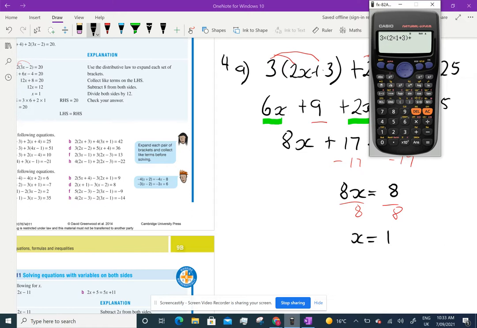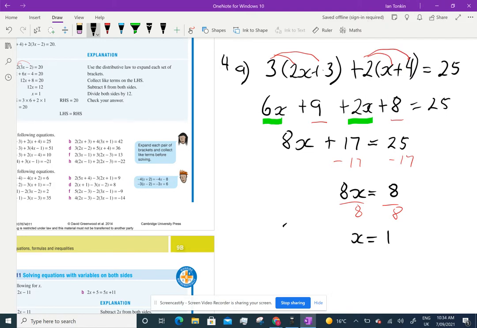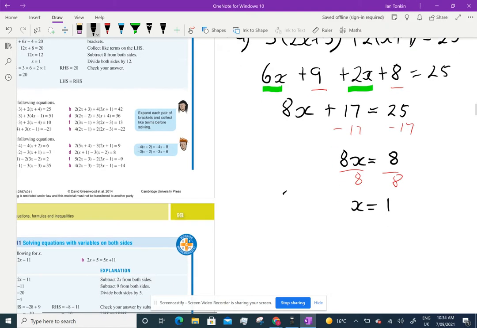Plus 2 times brackets x, well that's just 1, plus 4. Now, if I've put that all in correctly and I've got the right answer, I should be okay. 25, it works. Righto.